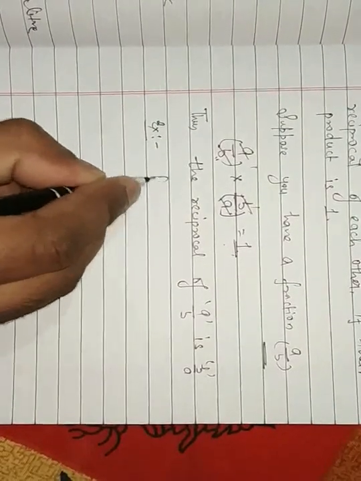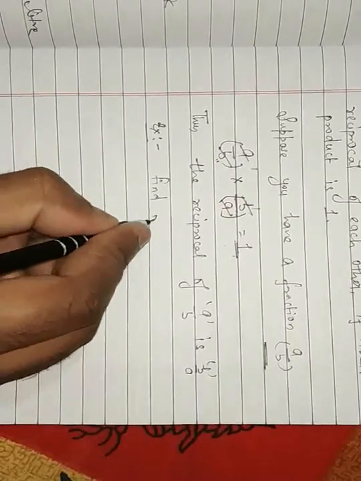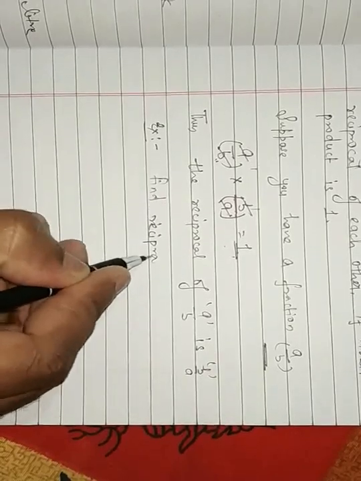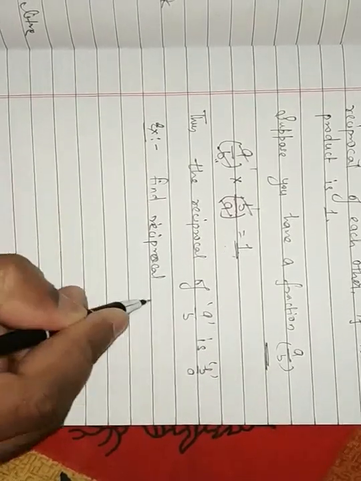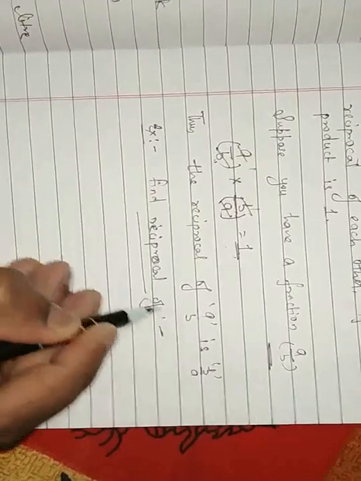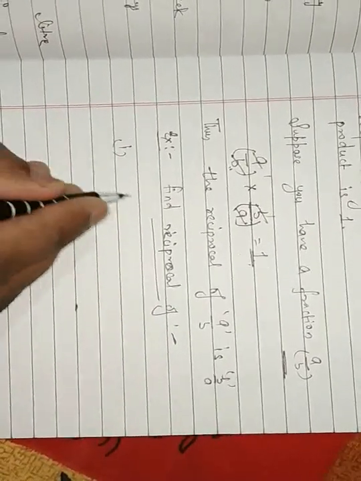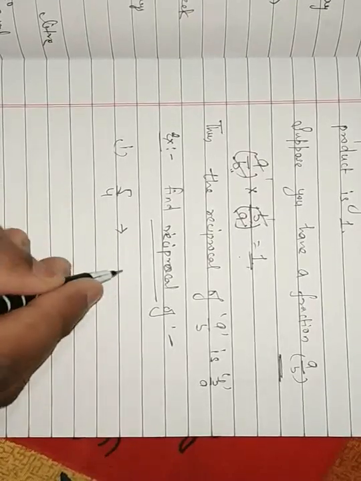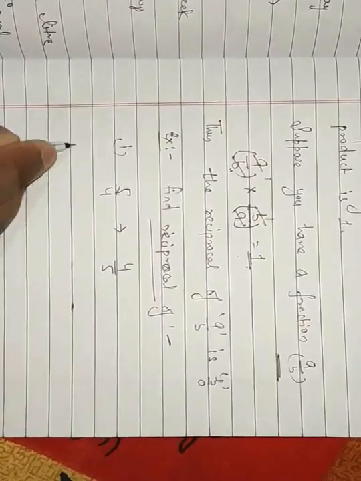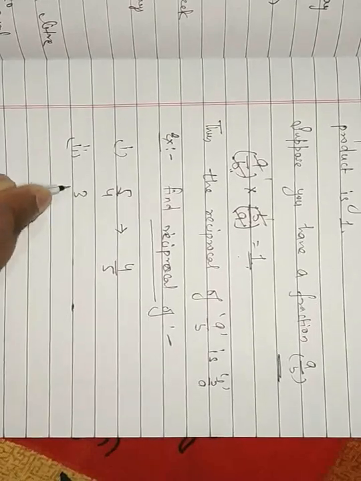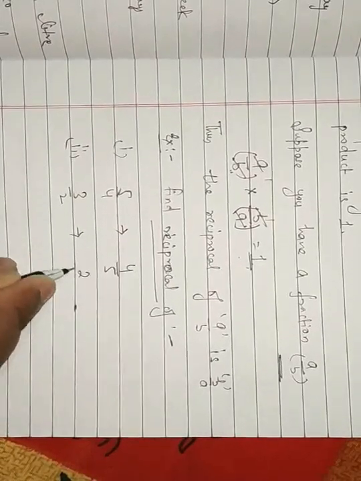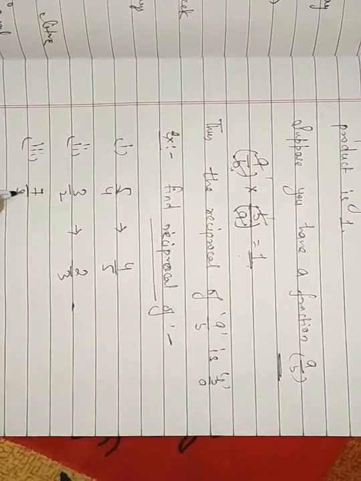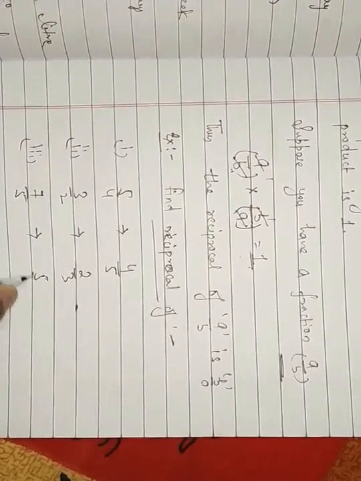Find the reciprocal of: first question, 5 by 4. What will be the reciprocal of 5 by 4? The opposite, that is 4 by 5. What will be the reciprocal of 3 by 2? It will be 2 by 3. What will be the reciprocal of 7 upon 5? It will be 5 upon 7.